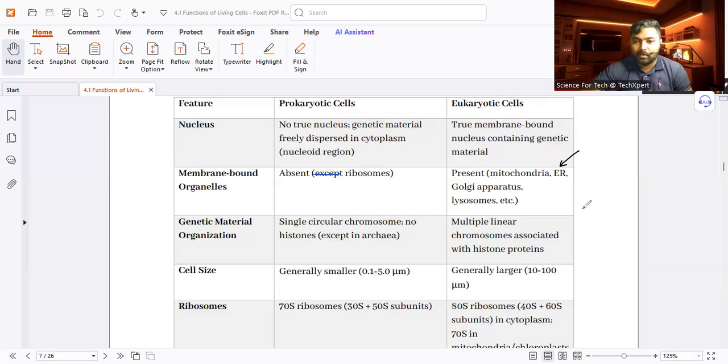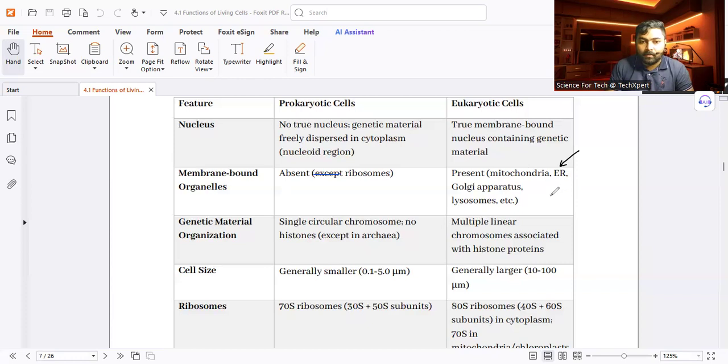One is SER, that means smooth endoplasmic reticulum. There is another one, RER, rough endoplasmic reticulum. If this ER has ribosomes, it becomes RER. No need to write that one, okay? Because we have to talk about it in the next table.